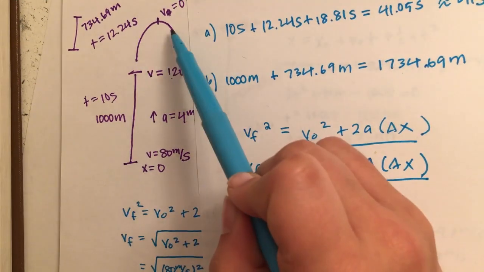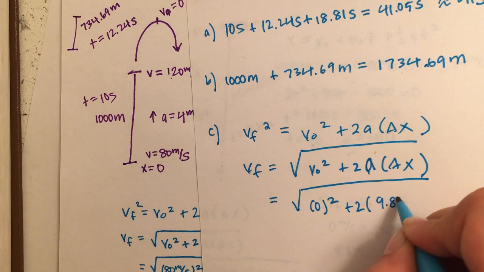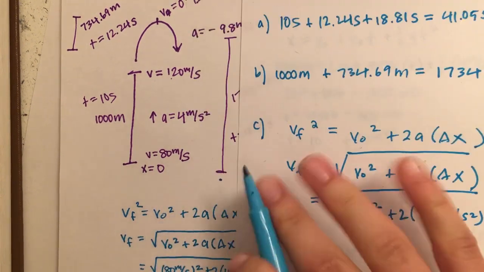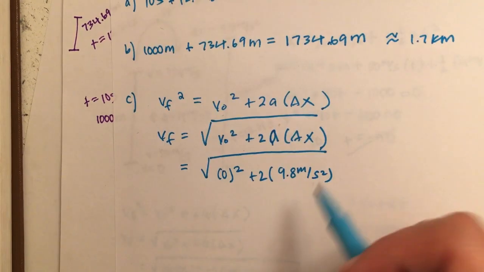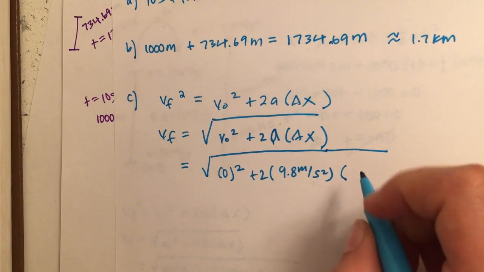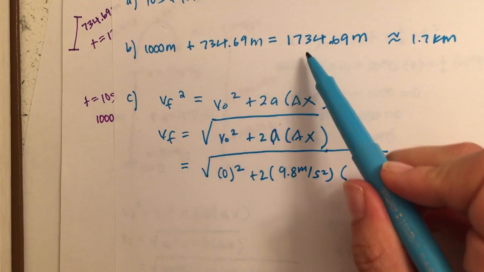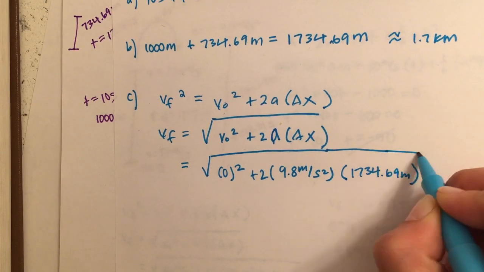So that's why the initial velocity is 0, plus 2 times the acceleration, which is gravity. And again, since we're defining this as positive and this as negative, we can disregard the negative sign on gravity here. 9.8 meters per second squared times the distance that it travels, which is what we found previously, 1,734.69 meters.